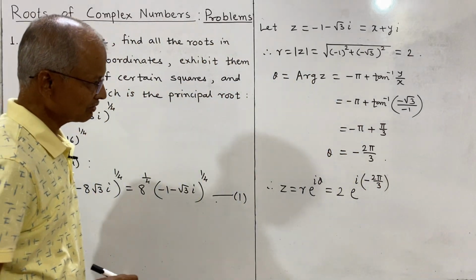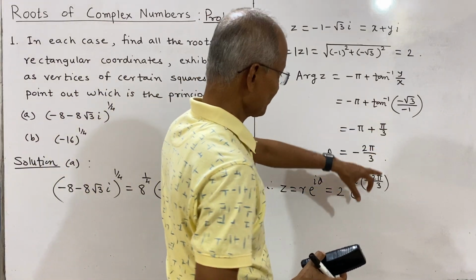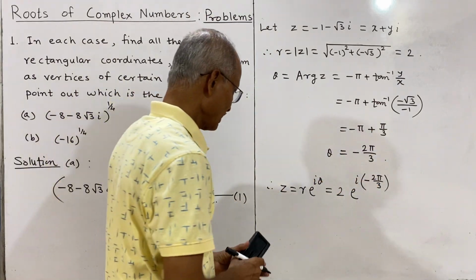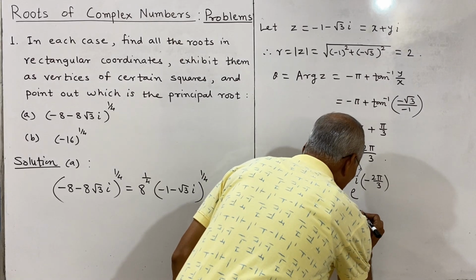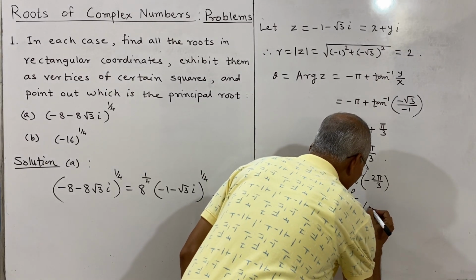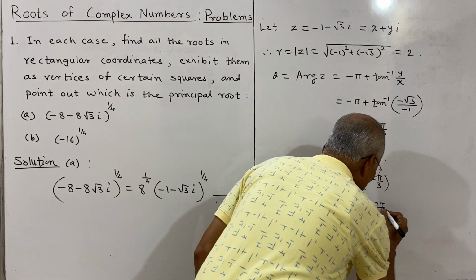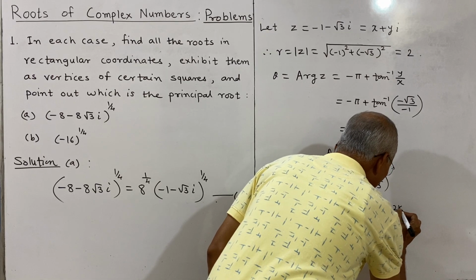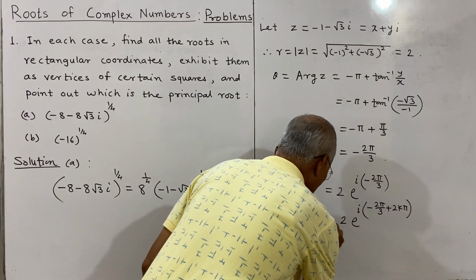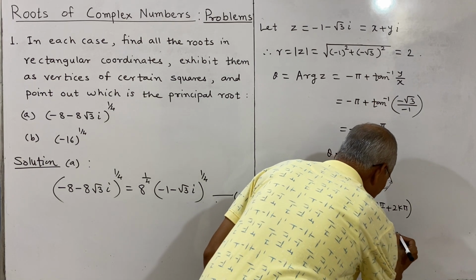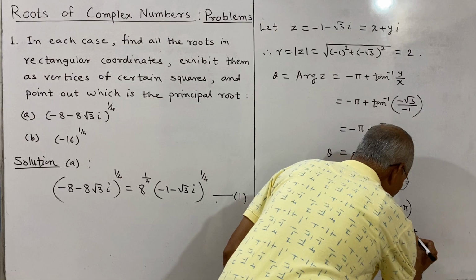But we should write θ plus 2kπ, and that is 2 e^(i(−2π/3 + 2kπ)), where k takes values as any integer.